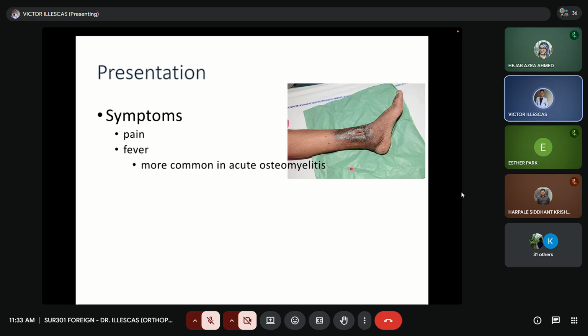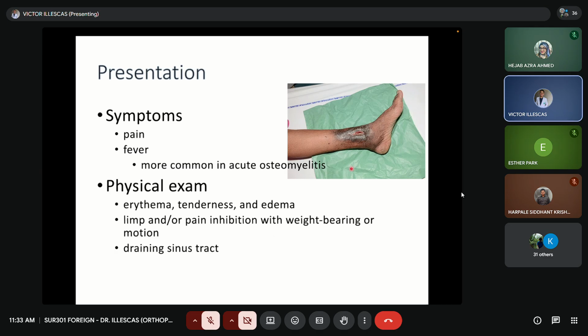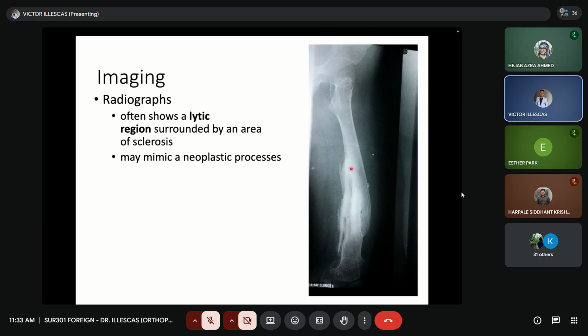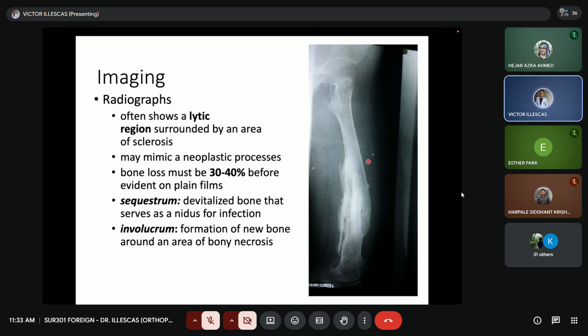So with bony infection, patient may present with pain, fever, erythema, tenderness, and edema. There will be limp or inability to ambulate, and there will be draining sinus. On the radiograph, such as in our patient, it will often show a lytic region surrounded by sclerosis. It may sometimes mimic a tumor process, and there will be bone loss.